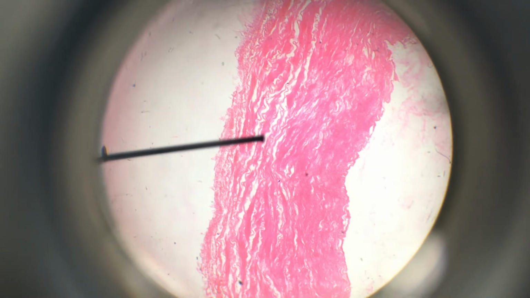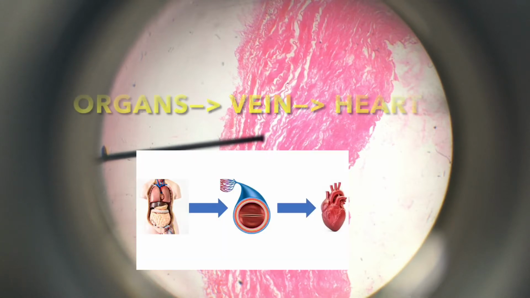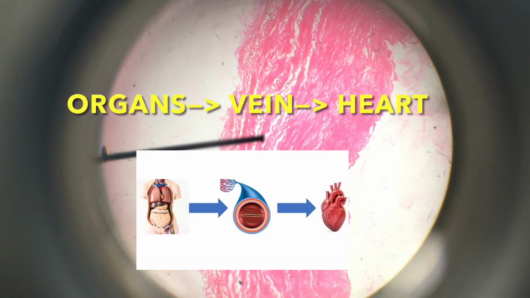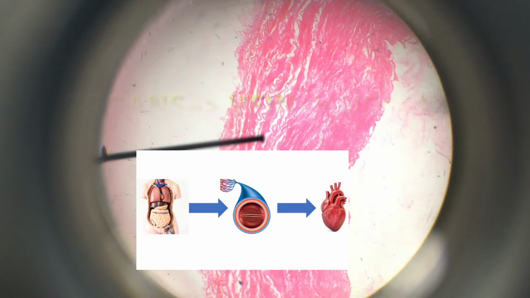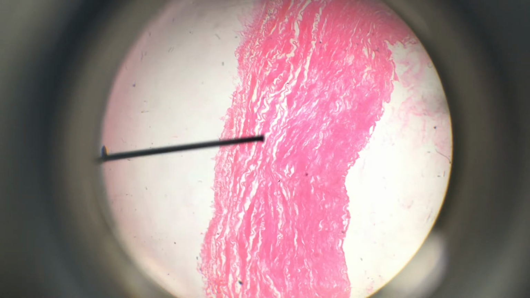So as we know, the vein is draining the blood from the organ toward the heart, right? So blood entering the veins is under very low pressure and moves toward the heart by contraction of the tunica media and from the external compression from the surrounding muscles and the other organs. So these are helping the draining of the blood from the organ toward the heart, right?